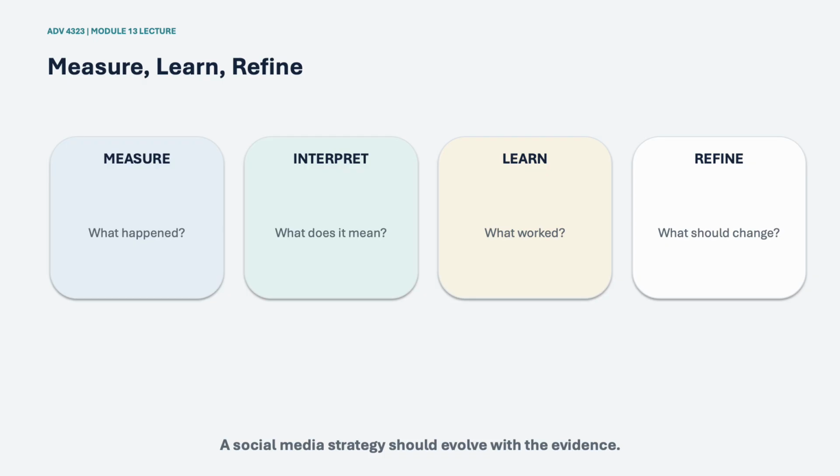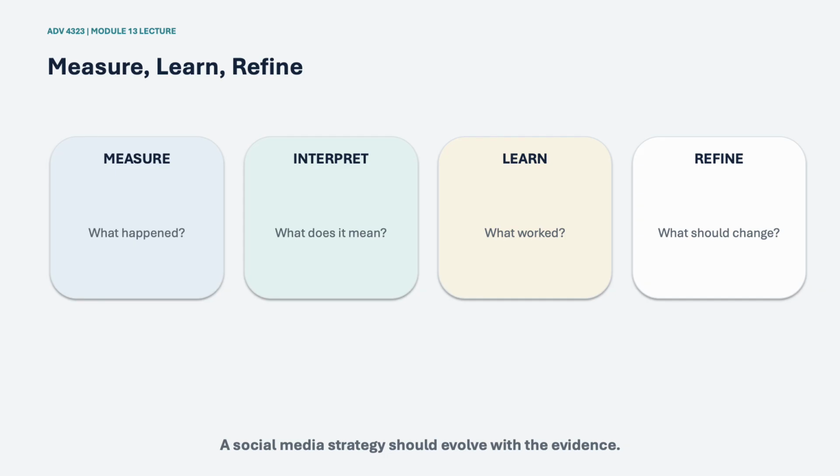Finally, remember that a social media strategy isn't something we create, execute, and never revisit. We measure what happened, interpret what the data means, learn from the results, and refine the strategy. Maybe one content format performed particularly well. Maybe the audience responded differently than expected.